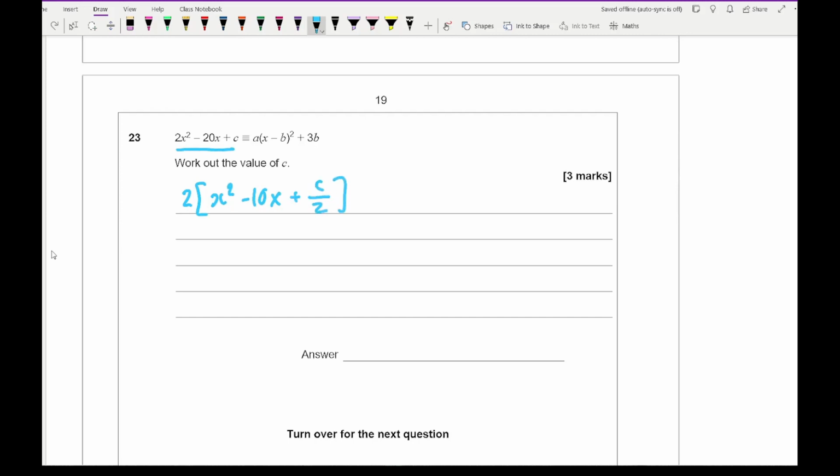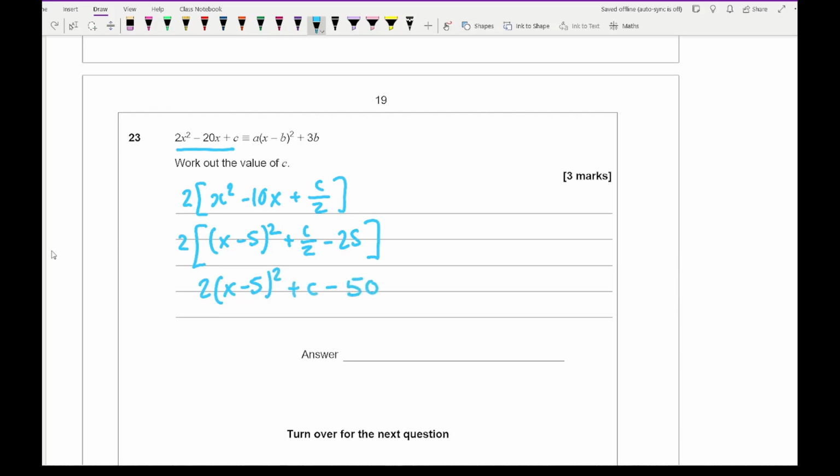Then what I can then do is use completing the square. So I've got 2, and then I've got x minus 5 squared plus c over 2 minus 25. And then from this I can expand everything out by multiplying by 2, so I get 2 times x minus 5 squared plus c minus 50.